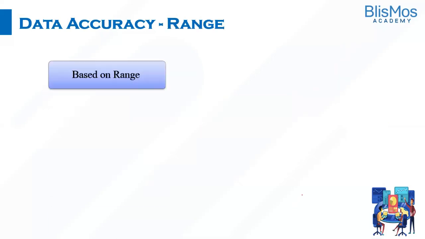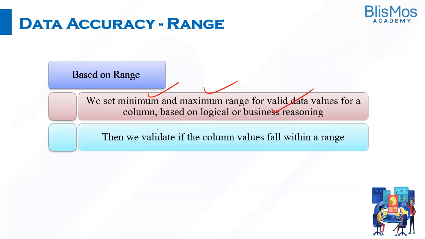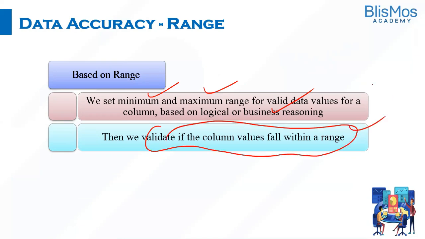Coming back to the range. When we talk about the range, in a particular column, the requirement should have specified that a value should be between a certain range. As I said, it depends on the project, it depends on the columns as well. So we set the minimum and maximum range for the valid data values for a column based on specification from the business. Then we validate if the column values fall within that range.